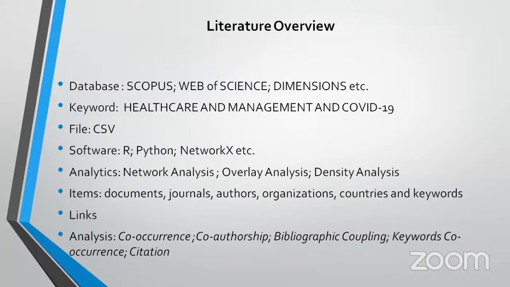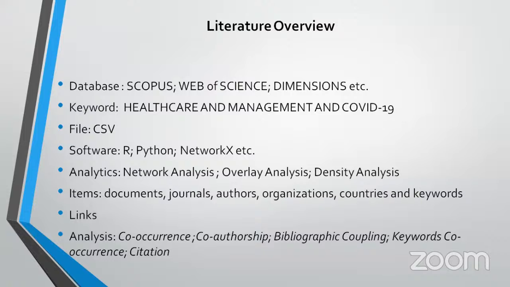How to do the literature review, we have already discussed. Now how to do the literature overview, today I am discussing. You have to go to any database, that is Scopus database, Web of Science database, Dimensions database. There are so many databases, Publons, PubMed, psychometrics, so many different types of databases.